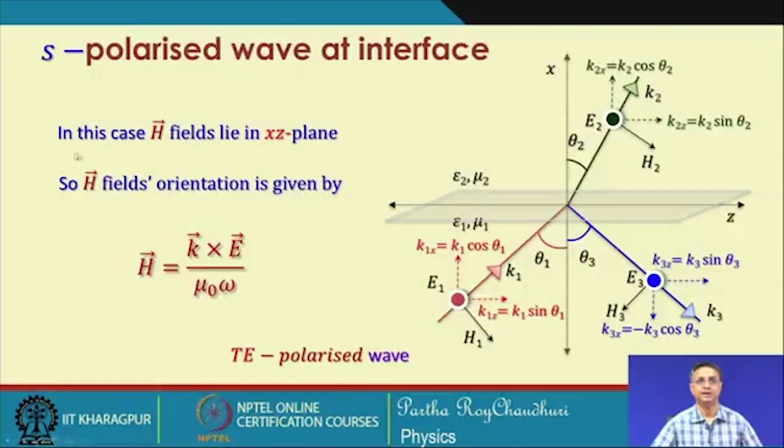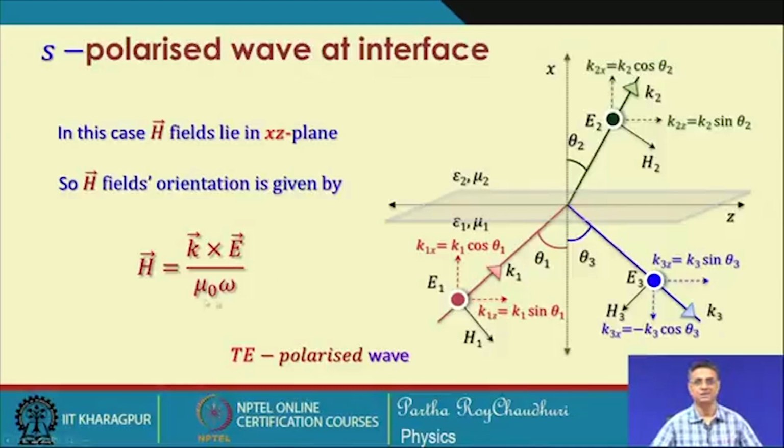Okay. So, in this case this is the configuration where the electric field is parallel to the interface plane in the incident wave, in the refracted wave as well as in the reflected wave, and the corresponding magnetic fields can be determined from the electric field magnetic field relation, that is H is equal to k cross E by mu naught omega.